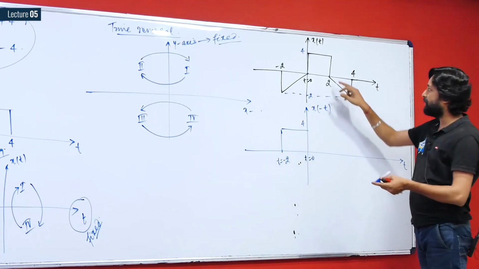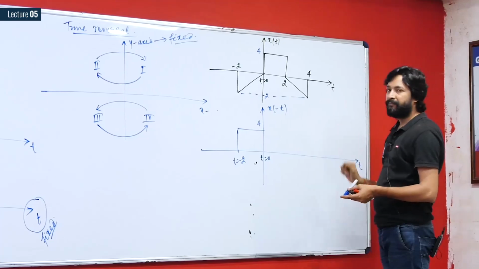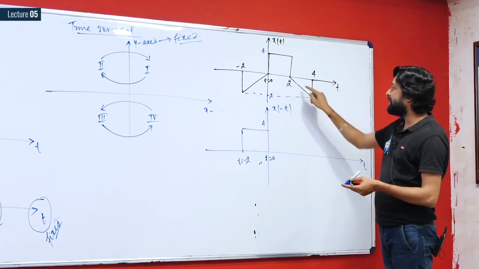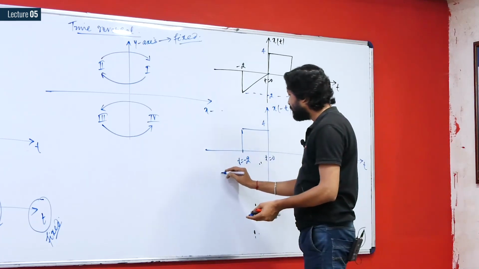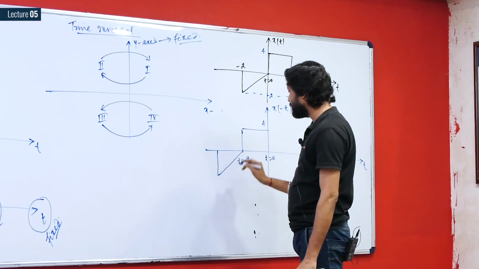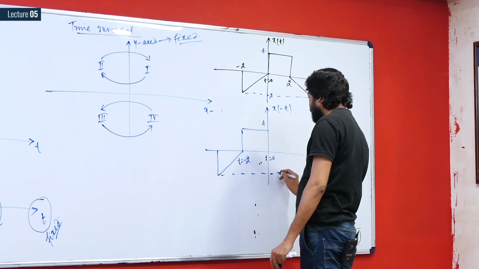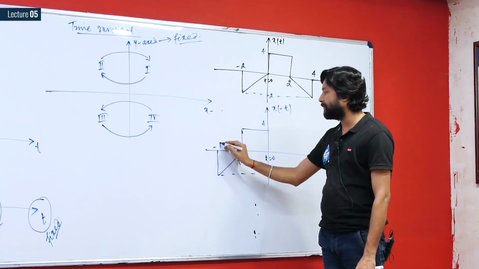After t equals 2 seconds, between 2 and 4 seconds, the signal decreases its value from 0 to minus 2. Similarly, from minus 4 to minus 2, the signal has the same shape, decreasing from 0 to minus 2 at the instant minus 4.